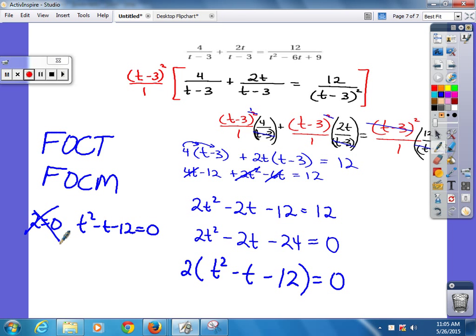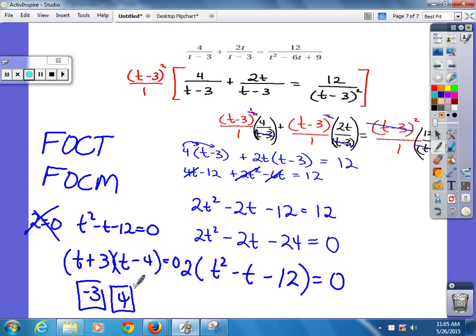So reverse FOIL. Then go forward and 3. You got to have a -4 and a positive 3, and that gives you a -3 and a positive 4. So you look back at your, cannot use negative, well you can use -3, that's okay.